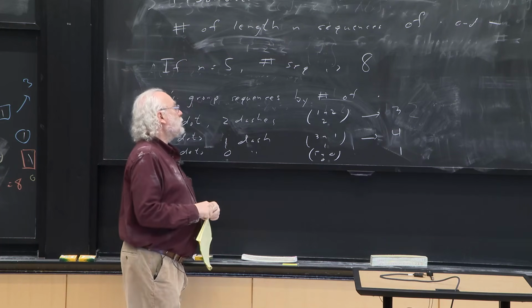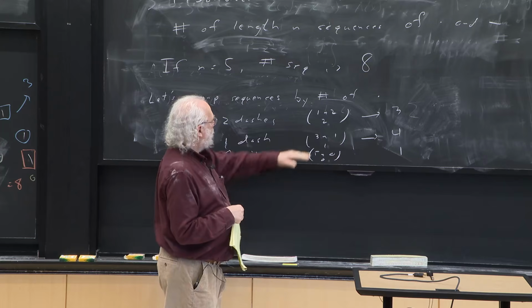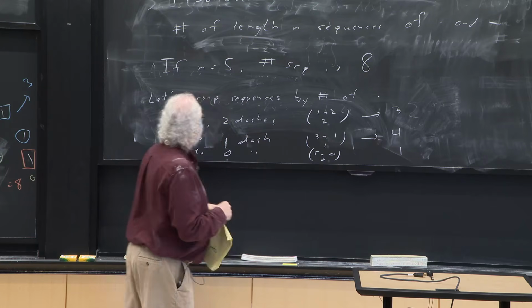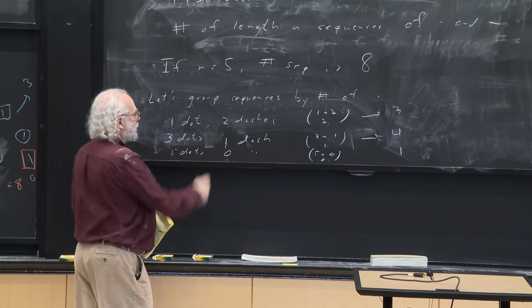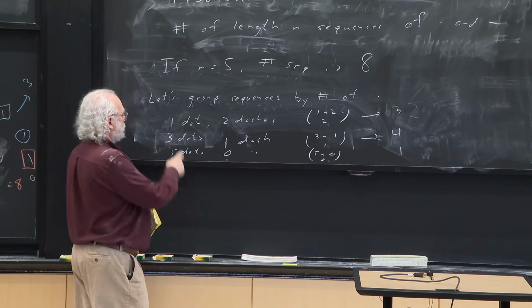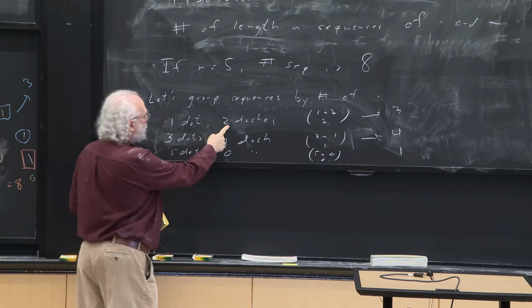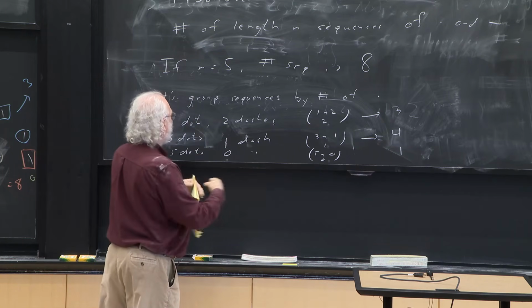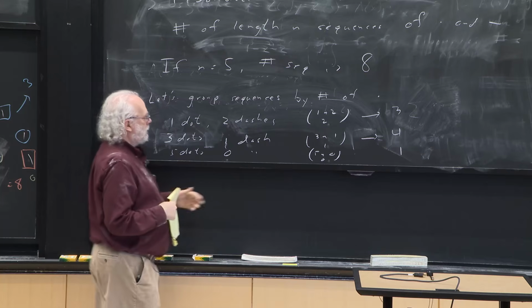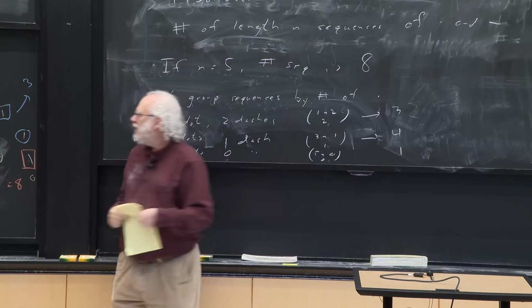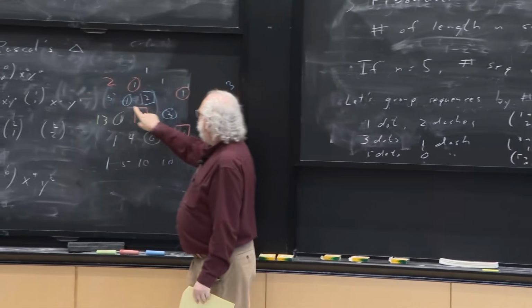The second way is by grouping them by the number of dots and dashes in each one, where twice the number of dashes plus the number of dots is equal to the length of the sequence, and summing them up gives you these diagonals.